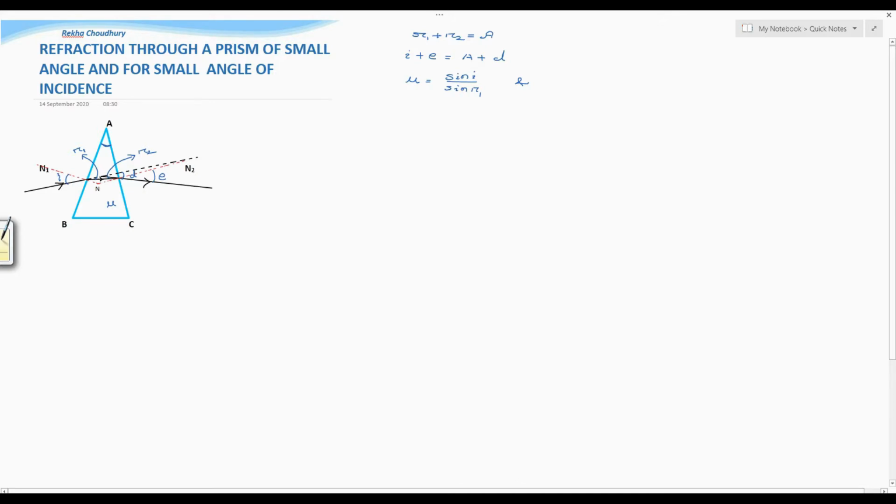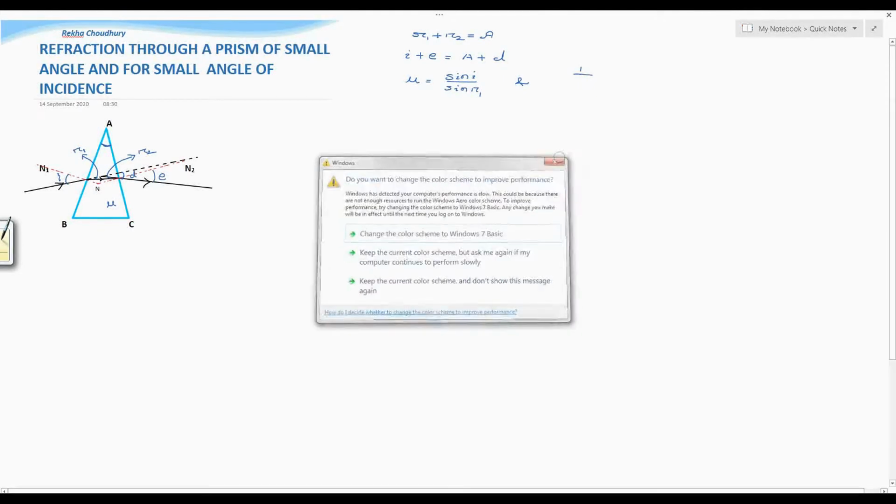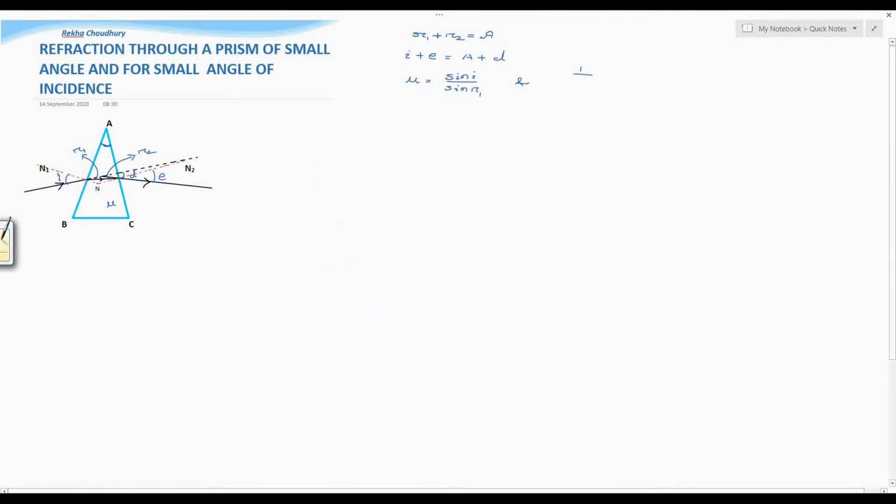According to Snell's law, mu2 by mu1 is equal to sin i by sin r. So for this refraction at face AC, the second medium is air, so mu2 is 1, divided by the first medium, prism, so 1 by mu is equal to sin R2, where the angle of incidence is R2, and the angle of refraction is the angle of emergence, that is E. So these are the different formulas we will use for this derivation.